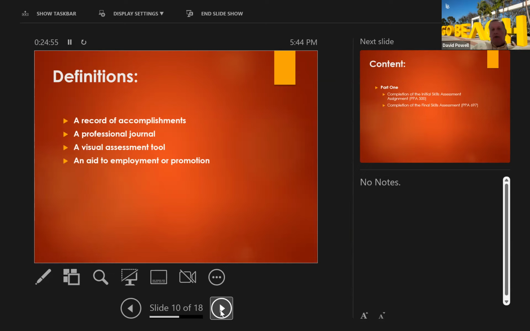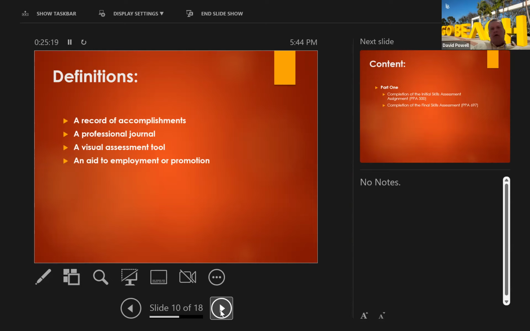But even with this revised student learning portfolio, it still is a very good assessment tool. It allows us and it also allows you to assess your acquisition of skills and your progress throughout your time in the MPA program. And it also can be an assist for employment and promotion. The nice thing is that in this student learning portfolio, you're putting in some assignments from your core courses.